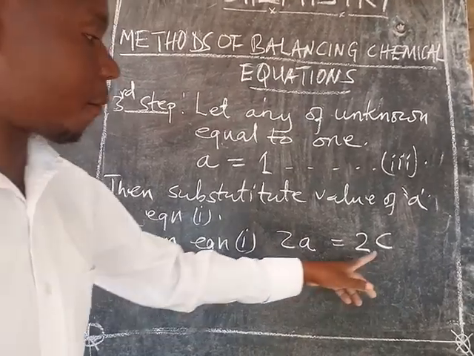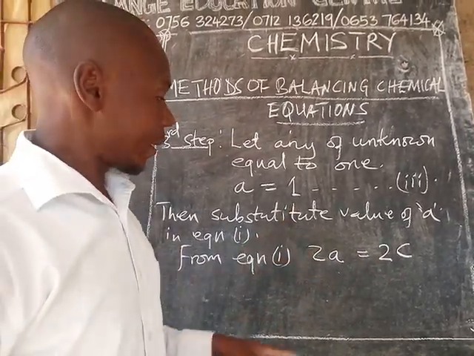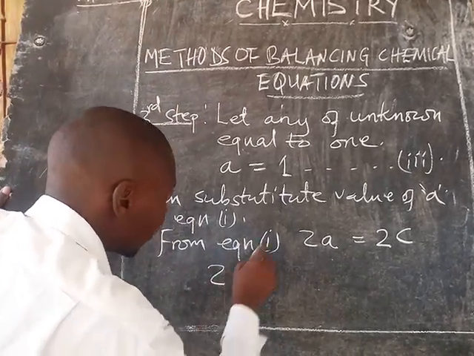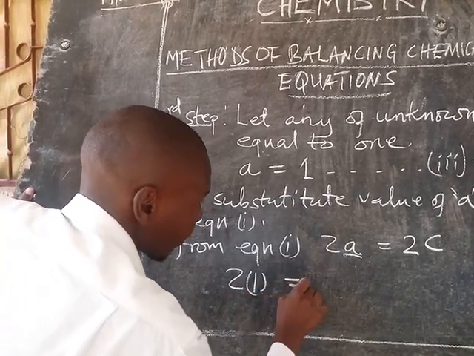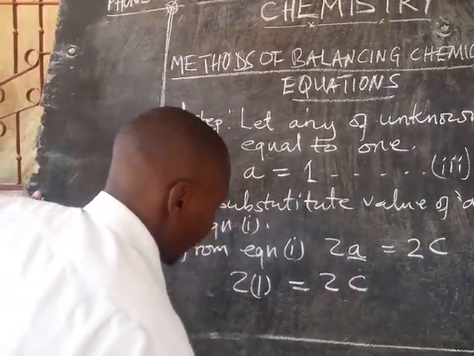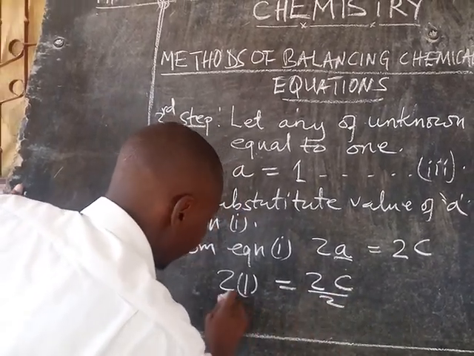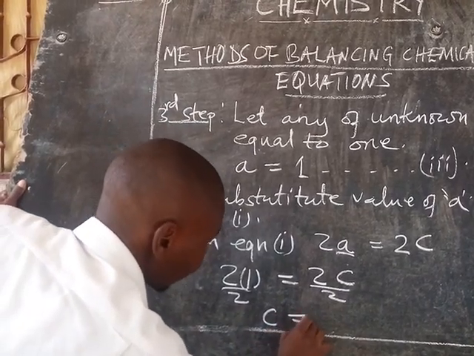So we find the value of C by substituting the value of A in equation 1. So we put 1 there, 2 is equal to 2C. Then by dividing by 2 on both sides, we get C is equal to 1.